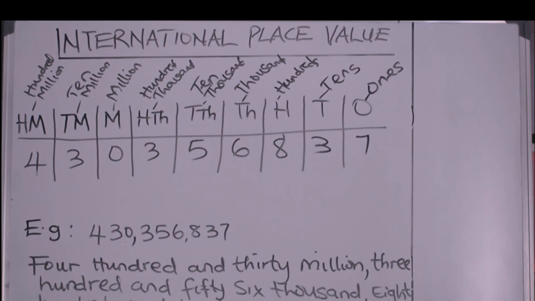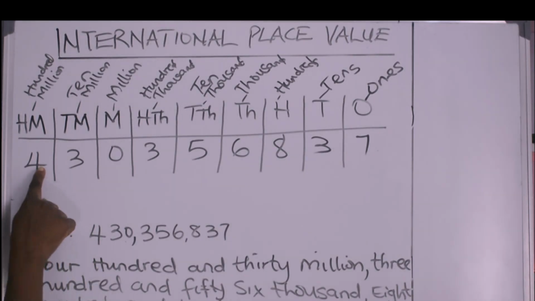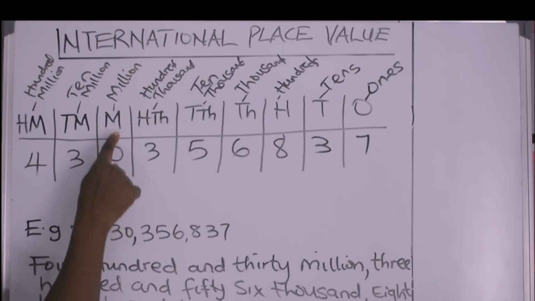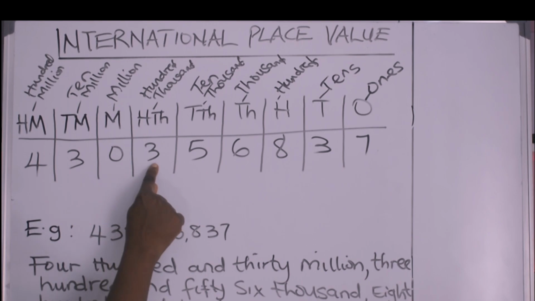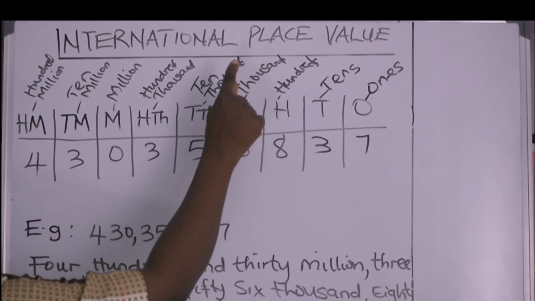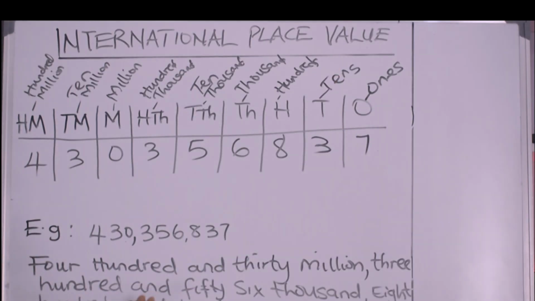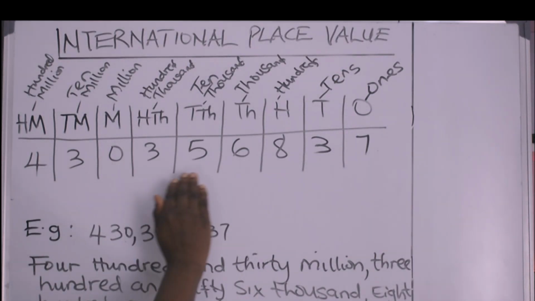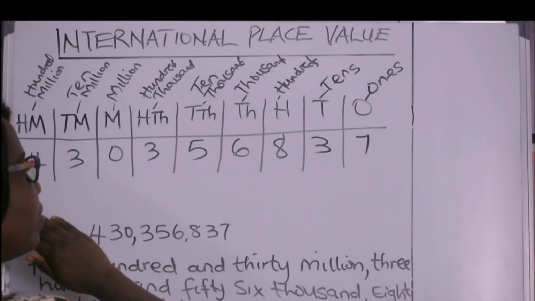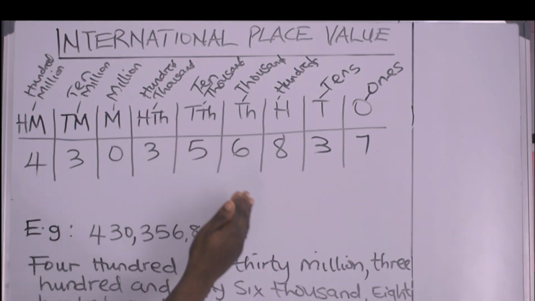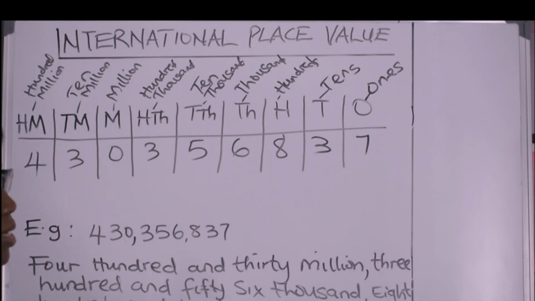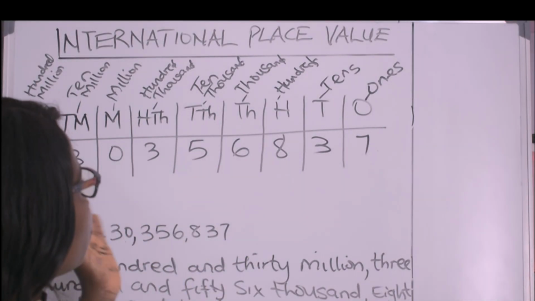Very, very simple and interesting. So what we have here is 430,356,837. That is very simple. And this explains how every digit we have in a number has its own place value. I hope it's well understood.